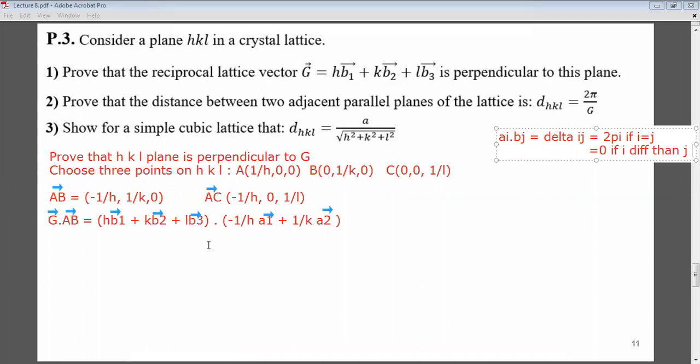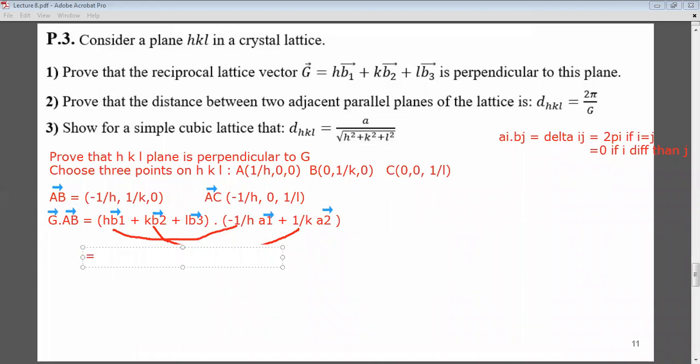So the only term that lives is hb1 dot minus 1/h a1. This term will survive. The other term will die, and then b2 dot a1 is 0, b2 dot a2 will survive. So these two will survive.